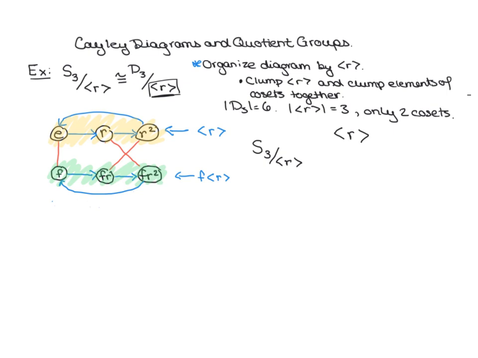So I have a single node, R, and I have a single node, F, R. And then they're going to be connected by a line that represents the flip. Okay, and then this is my Cayley diagram for the quotient group. Okay, and so we see this, like what we refer to as collapsing of the group into itself, where we've put all of the cosets together.